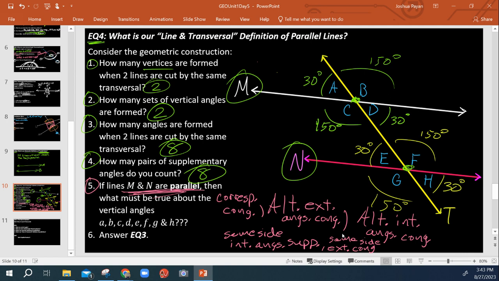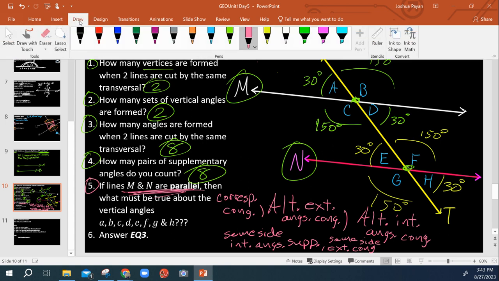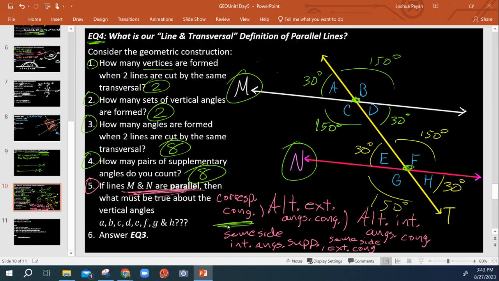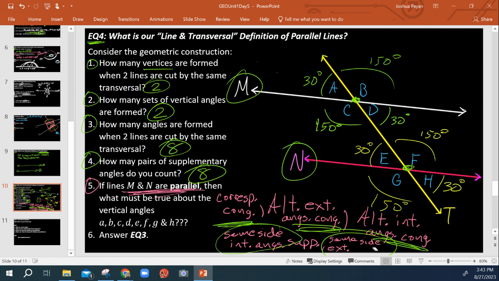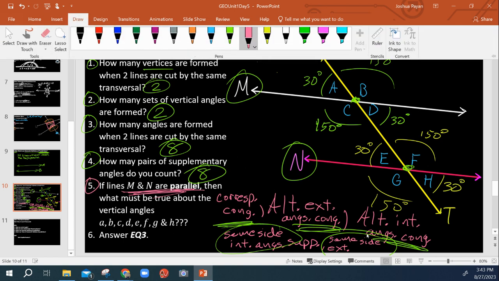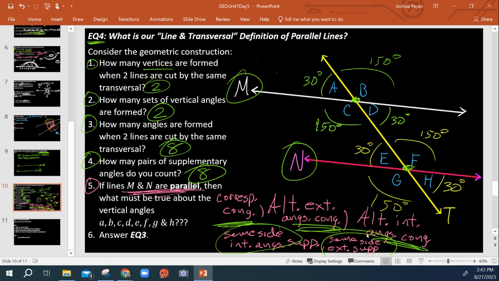So what is our line and transversal definition of parallel lines? That could literally be every single one of these things. I don't know why I wrote congruent there when I should have written supplementary. Pretty sure I said supplementary out loud, but still wrote congruent.